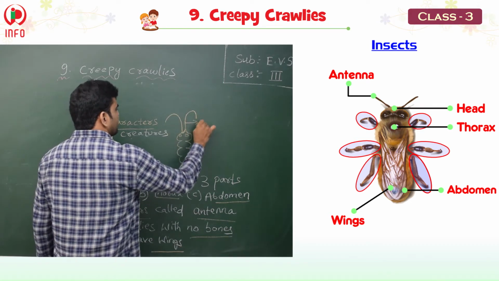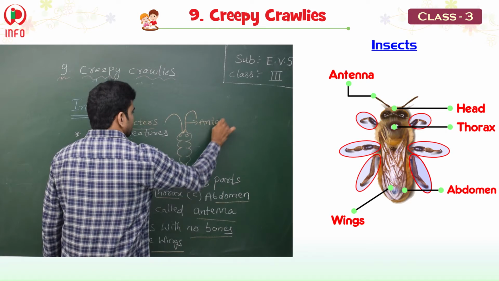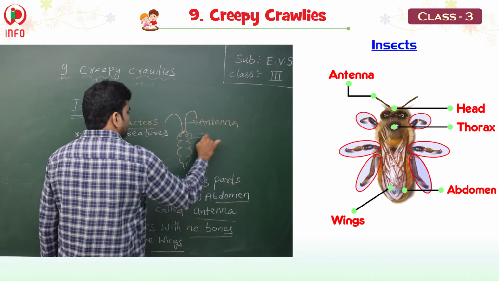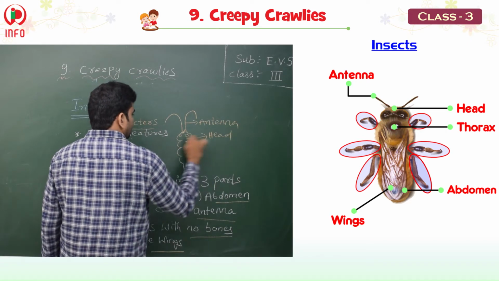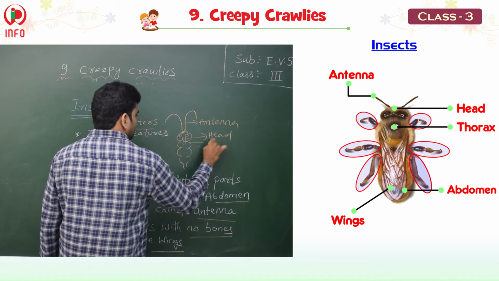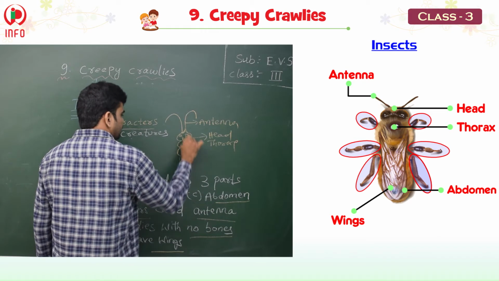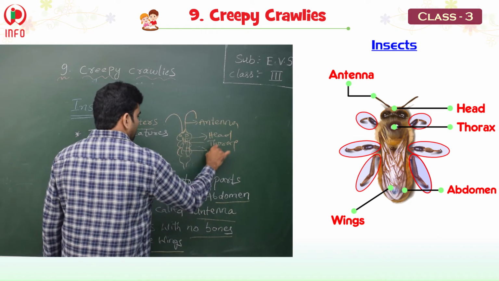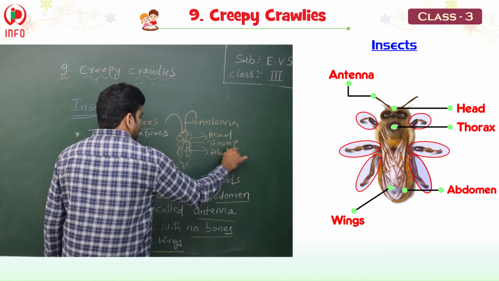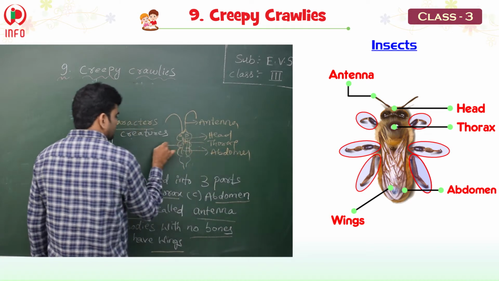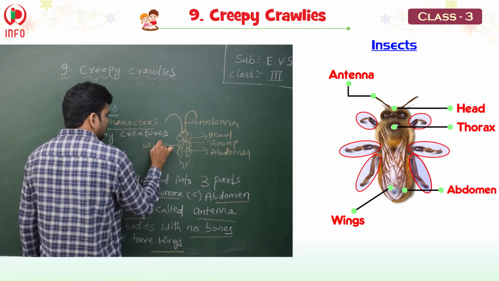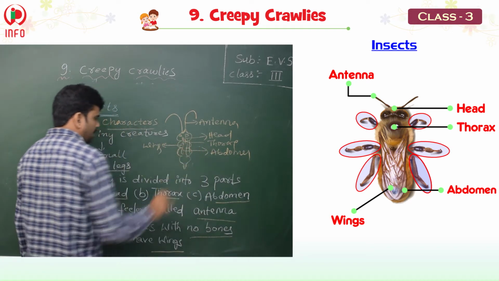This is called antenna. And this is thorax and this part is abdomen, and these are the wings.